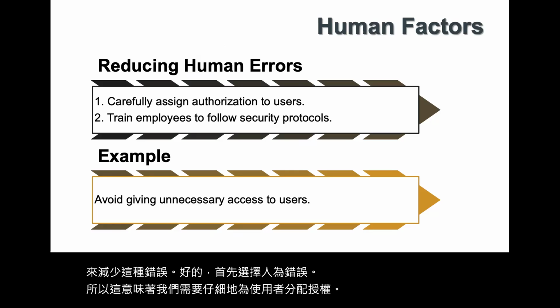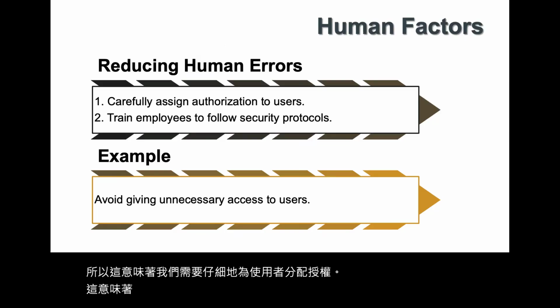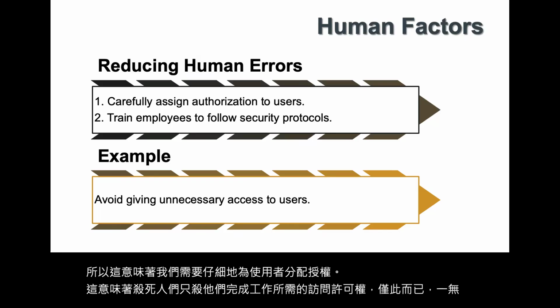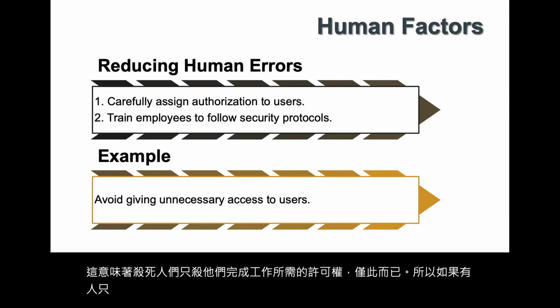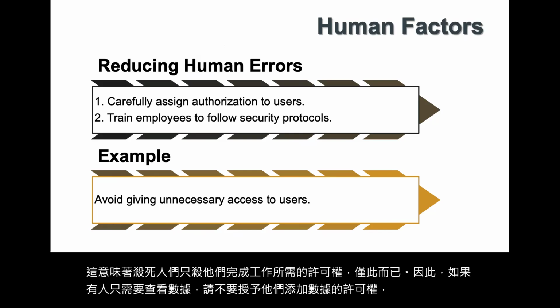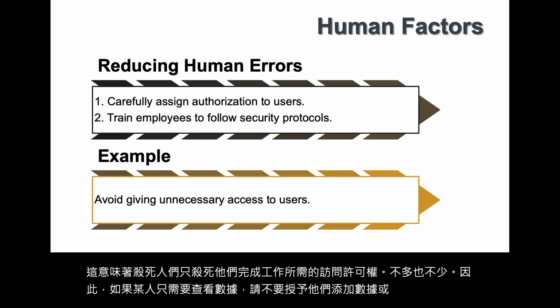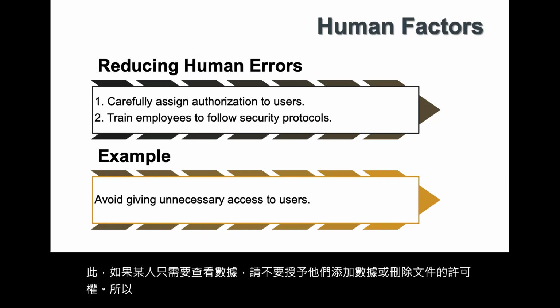This means giving people only the access they need to do their jobs, nothing more, nothing less. So if someone only needs to view the data, don't give them permission to edit or delete the file. This is called the principle of least privilege.